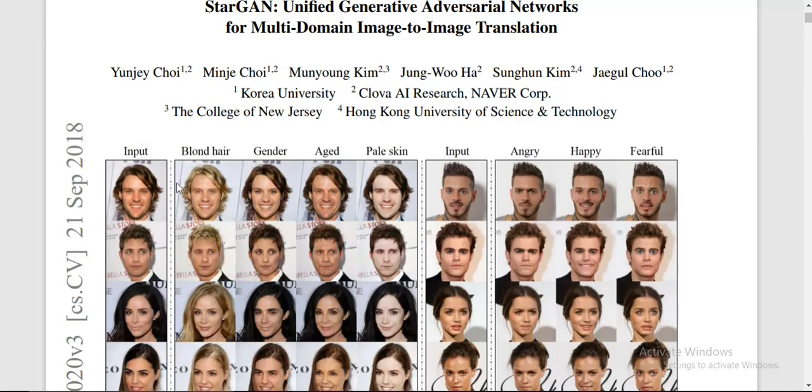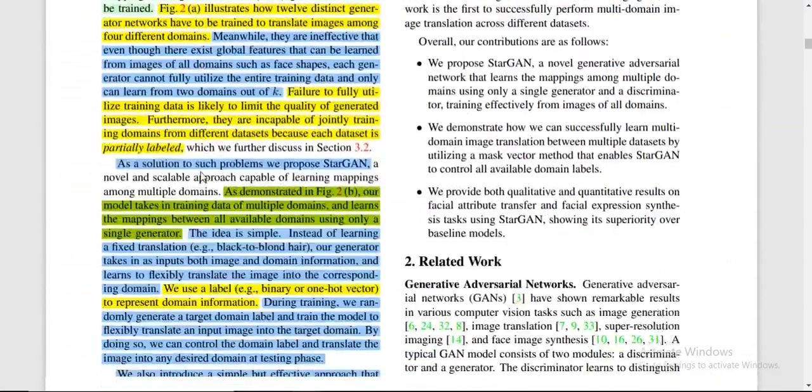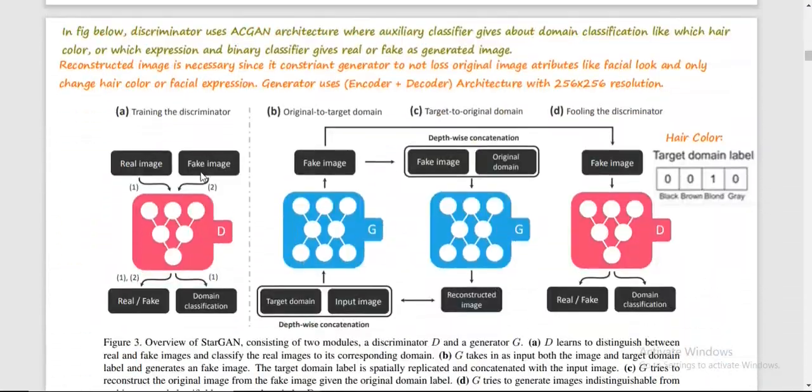If we did not have this domain class information, then the generator could translate to gender, for example, but we want the generator to translate to blonde hair, not gender, and that is constrained by this domain class information. That is the concept of StarGAN. We will see later what that means.